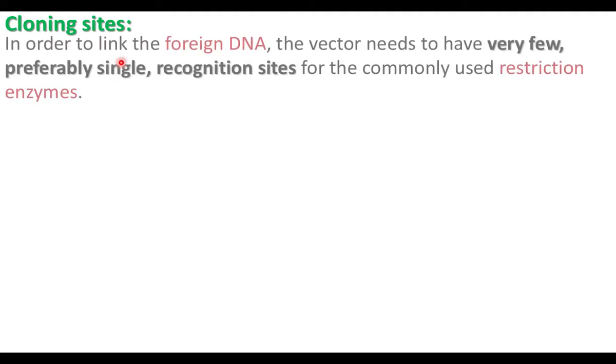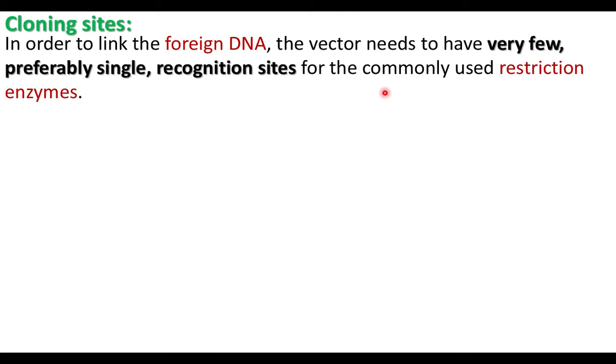Cloning sites. Already we discussed the cloning site. Here we learn about another aspect of the cloning site. Cloning sites are areas where foreign genes can be inserted. Foreign genes can be linked. The vector needs to have very few, preferably single, recognition sites for many restriction enzymes.